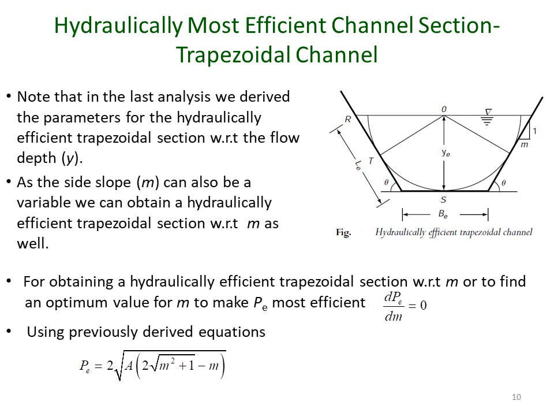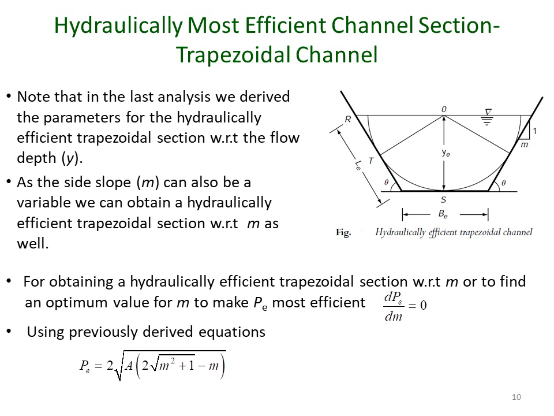So we differentiate PE with respect to m and equate that to 0 to obtain the hydraulically most efficient trapezoidal section with respect to m. Using the previous derivations, we can write the last equation of the slide: PE equals 2 into root a under bracket 2 root m square plus 1 minus m.